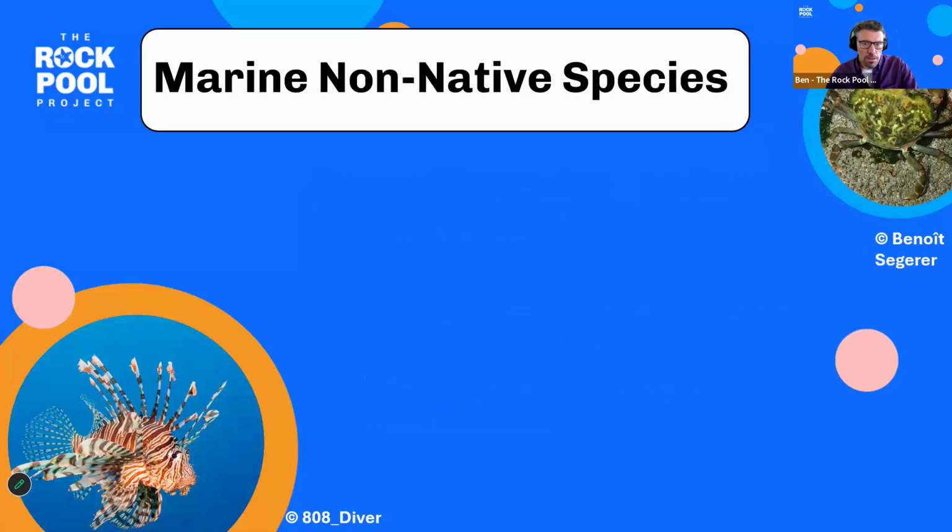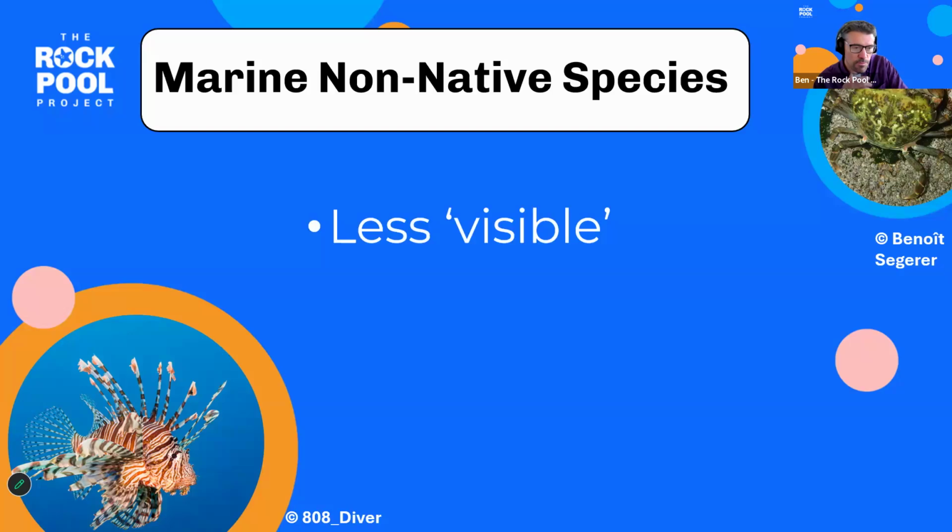So what about marine non-native species? There's lots of these too. They generally are less visible, and that's just a feature of the marine environment. We humans don't typically live under the water, and so we don't tend to see the things that live under the water as easily as the things that we come across on a daily basis.